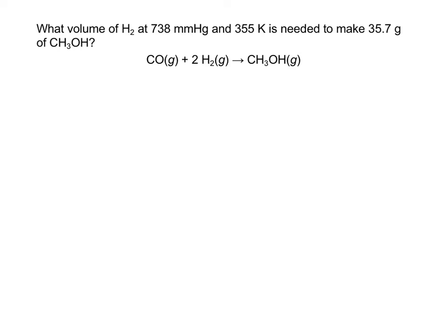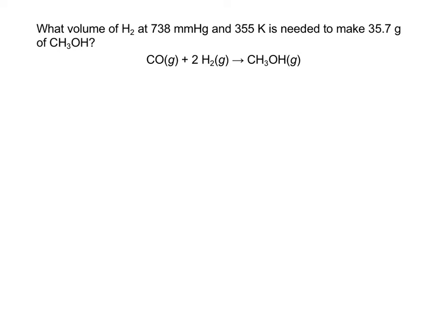So we want to know what volume of H2 at 738 millimeters of mercury and 355 Kelvin is needed to make 35.7 grams of CH3OH. That's methanol. So I've got to go through moles. What I like to do is often build myself a little table.